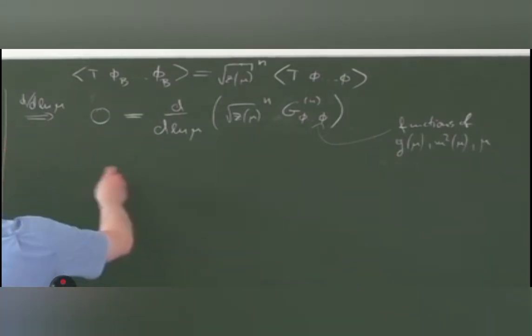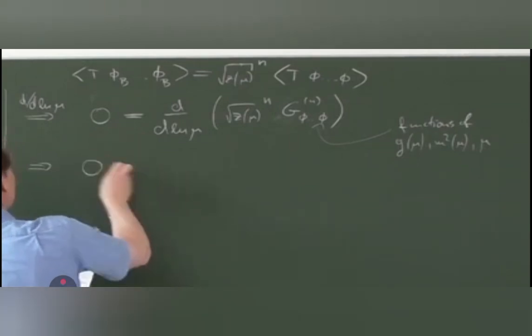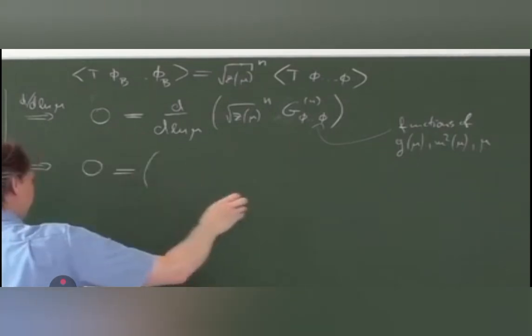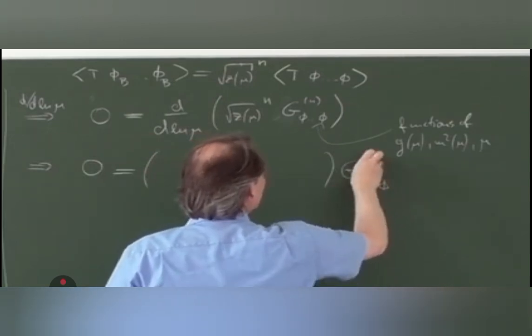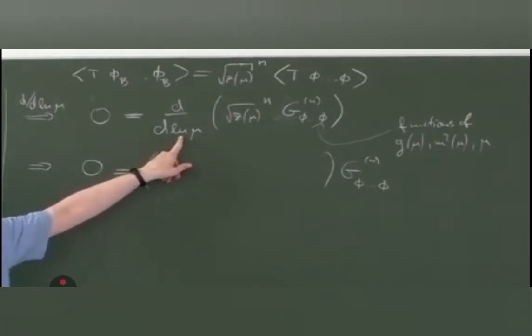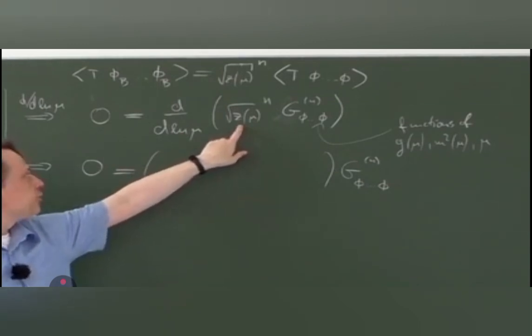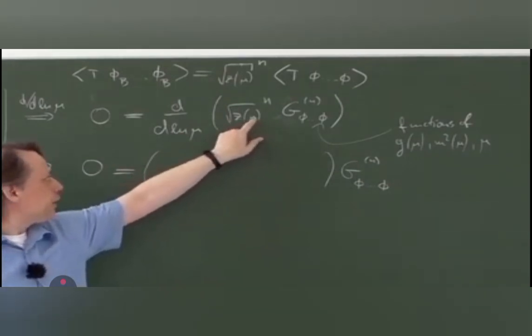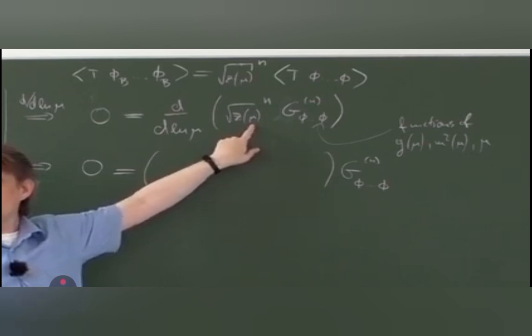So to work it out, we simply get the following. 0 is equal to the following object, which just acts on this green function. Namely, what do we get? If we work out the derivative, then we get first of all the total derivative of mu acting on the square root of z in the front. That gives us simply n times the total derivative of square root of z with respect to L and mu, and that derivative was defined as the gamma function.